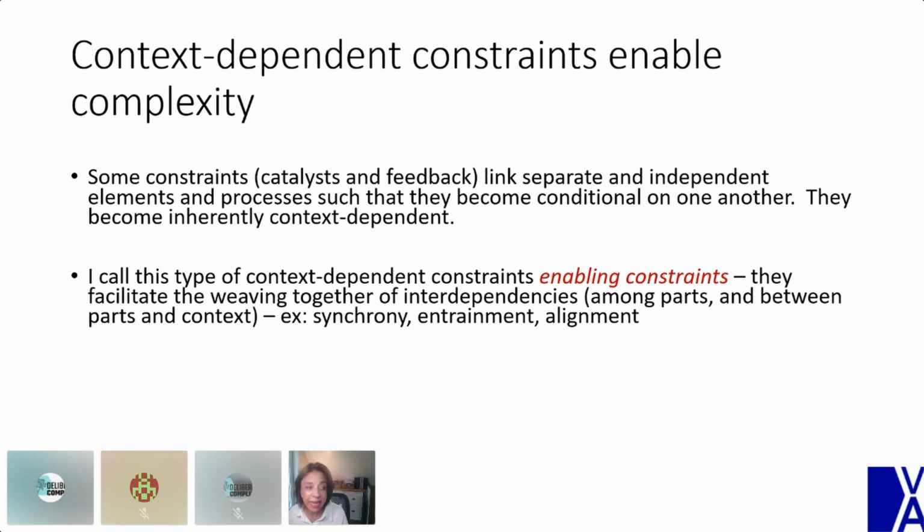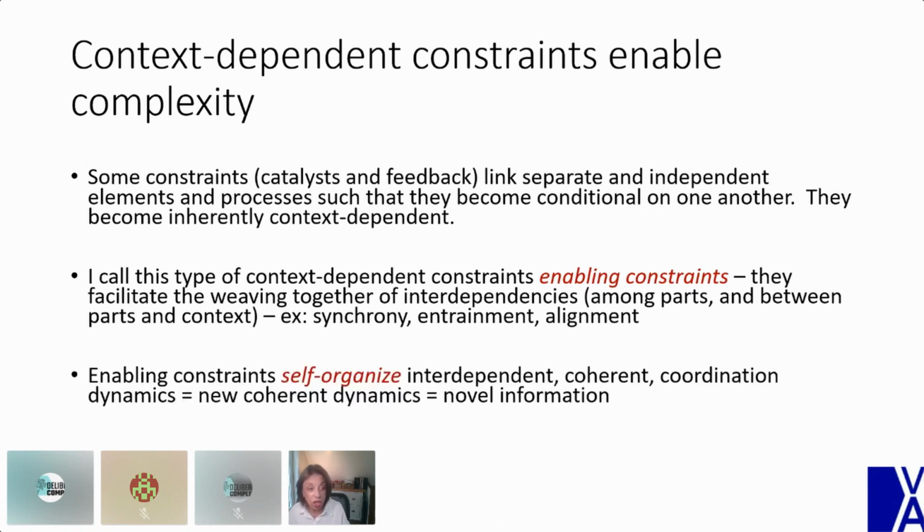So I will call enabling constraints those context-dependent constraints that weave together relations among parts or between parts and their context. So these coherent totalities that have characteristics that are greater than the sum of their parts emerge as a result.